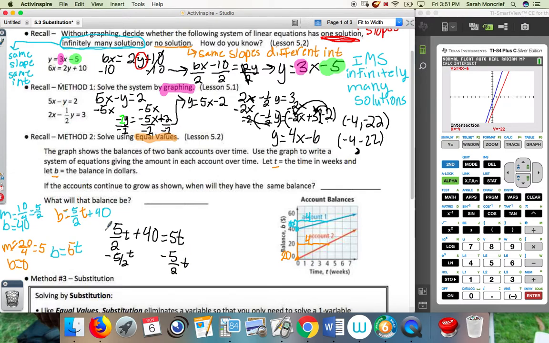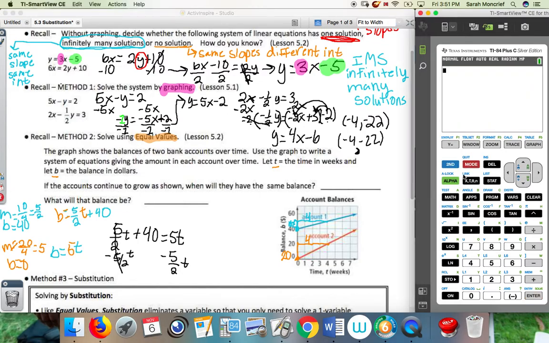What happens on the left? It cancels. And sometimes even subtracting these numbers can get hard, so I can do 5 minus 5 over 2, and I get 5 over 2.